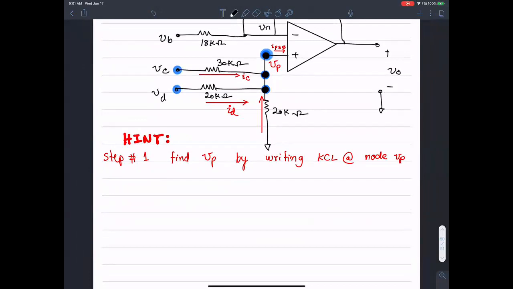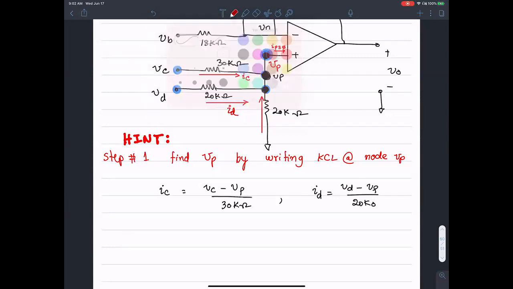Okay, so let's get started with the KCL at node VP. The voltage here is VP as well. So the current leaving this node through IC would be VC minus VP over 30 kilo ohms. Similarly, ID would be VD minus VP over 20 kilo ohms.